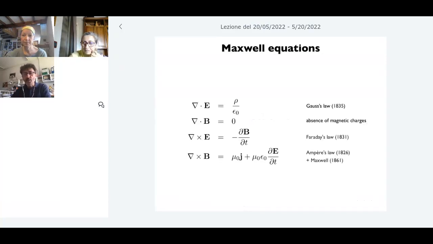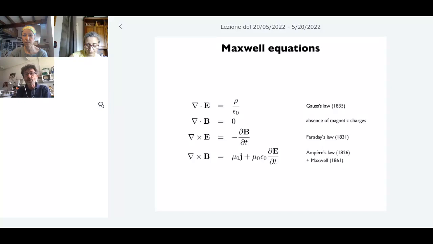Essentially, we mean that we take our Maxwell equations and we go to statics. So we do not allow anything to change in time. You see there is a variation in time of the magnetic induction in the Faraday law. There is the variation of the electric field in time in the fourth equation, the so-called displacement current of the Maxwell equations.